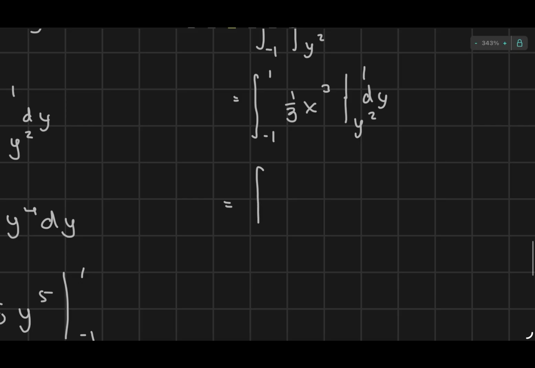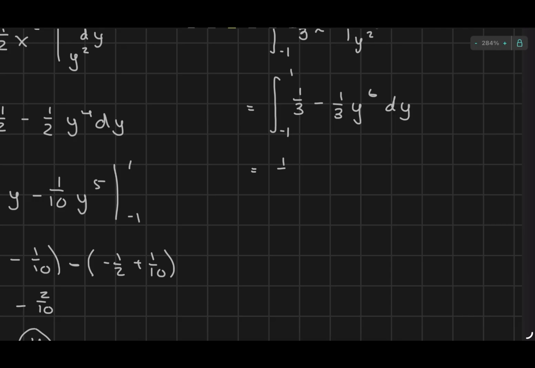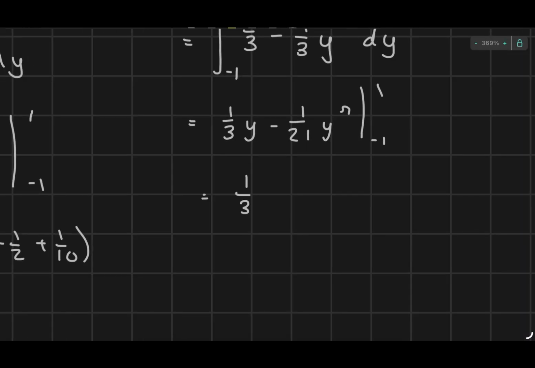which is going to equal the integral from negative 1 to 1 of 1/3 minus 1/3 y to the 6th dy, which is going to equal 1/3 y minus 1/21 y to the 7th from negative 1 to 1, which is going to equal 1/3 minus 1/21 minus negative 1/3 plus 1/21.